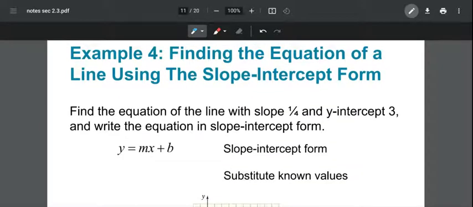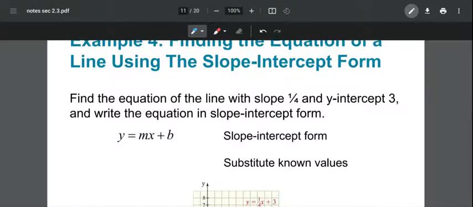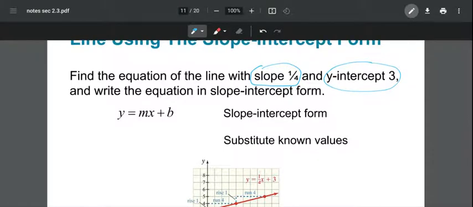We have to find the equation of the line using slope-intercept form. And here we have the given information. We know the slope and we know the y-intercept. So first, I'm going to write the slope-intercept formula. y equals mx plus b. We know the slope, which means we know m, and we know the y-intercept, that means b is equal to 3.